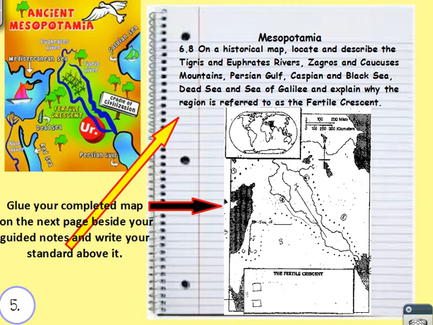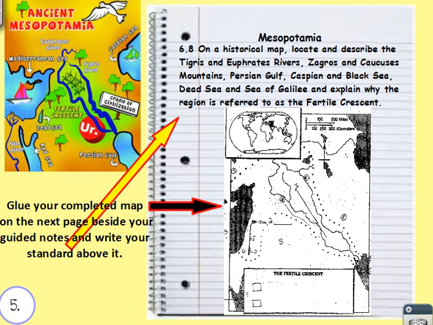Number 7, William. Why is the region around the Tigris and Euphrates Rivers called the Fertile Crescent? Number 8, Blaze. You've got several blanks to fill in on that one.